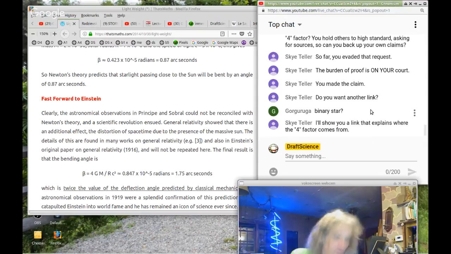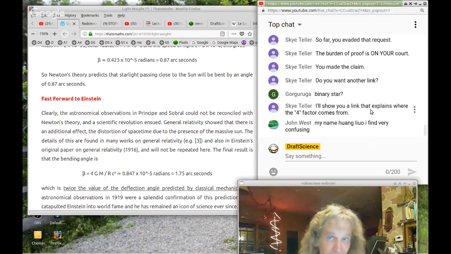It's twice as much mass. Again, it's so fucking obvious. 4 times is twice as much as 2 times. That means you doubled the mass, which is the same as doubling the gravity.